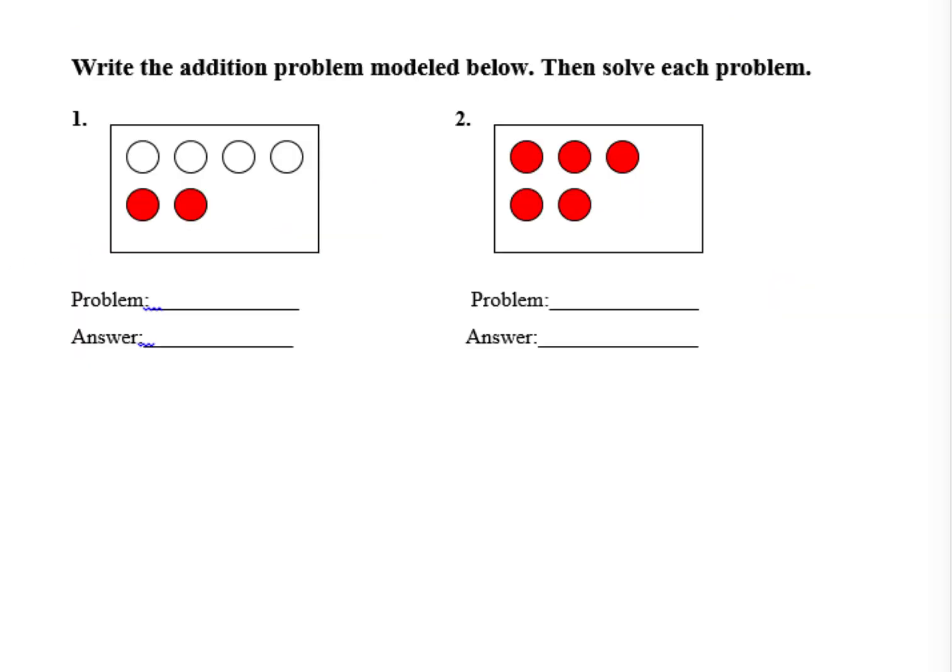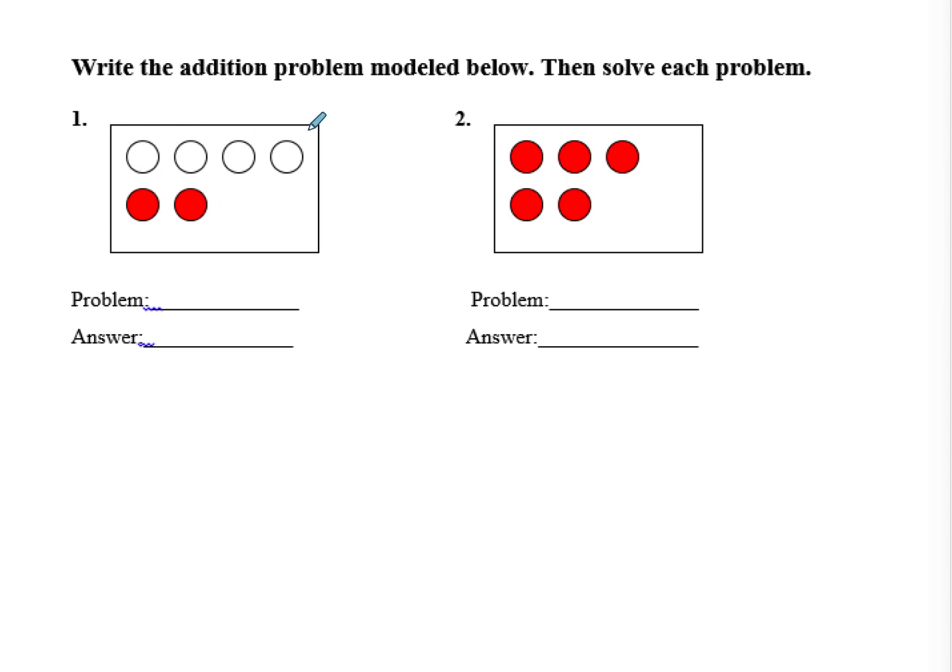All right. So if we take a look at a couple more problems here with the chips before we go on to the rules for adding, write the addition problem model below, then solve each problem. So this first one, now these are white and red instead of yellow and red, but the whites are our positives, reds are the negatives.